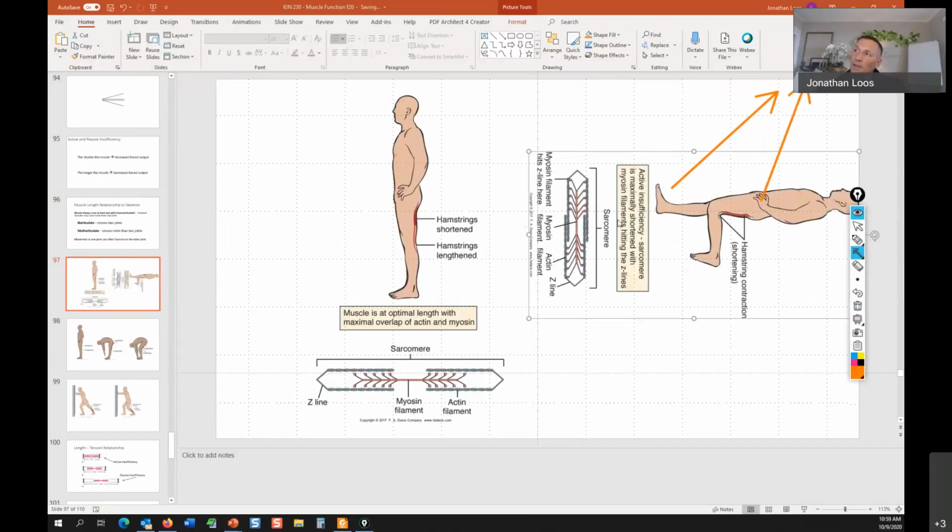So the previous position where I had it flipped over, that would be the actively insufficient position. I am maximally shortened. I can't shorten anymore, and so I can't generate any more force. This position here, the fully lengthened position, that would be I can't lengthen. I'm pulled. I'm stretched out as far as I can. That would be the passively insufficient position.